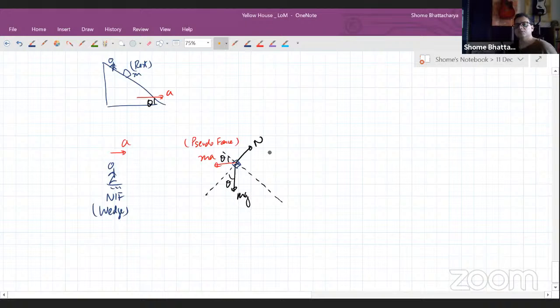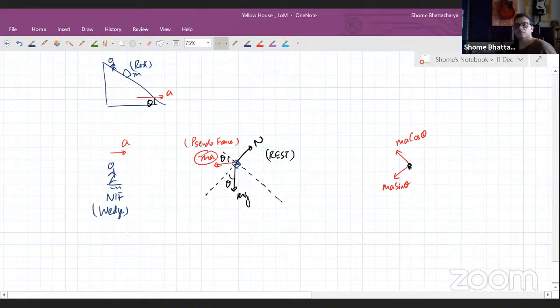Now in this frame, this smaller block should be at rest. So the forces should be balanced. So now what you do is you take the components of the force. So pseudo force will have one component like this, ma cos theta, and one component like this, ma sin theta. Okay, so pseudo force components are taken.